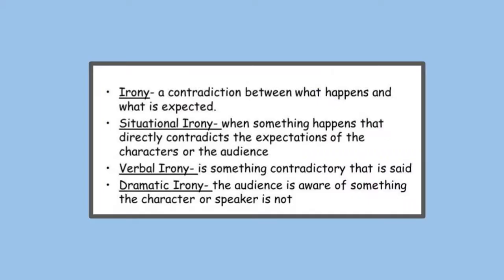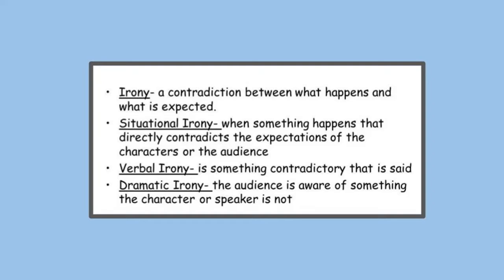Today's lesson is on the irony that Lois Lowry uses in The Giver. There are three different types of irony. Let's take a look at these different types of irony. Irony, first of all, is a contradiction between what happens and what is expected.